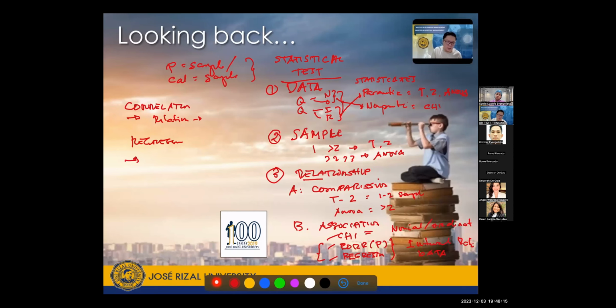So regression will be a projection test because we will try to compare the relationship or the association of two variables, if any increase in a certain degree of your independent variable will also cause a change in your dependent variable.